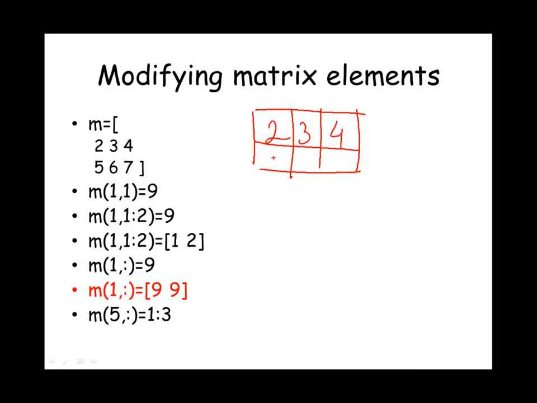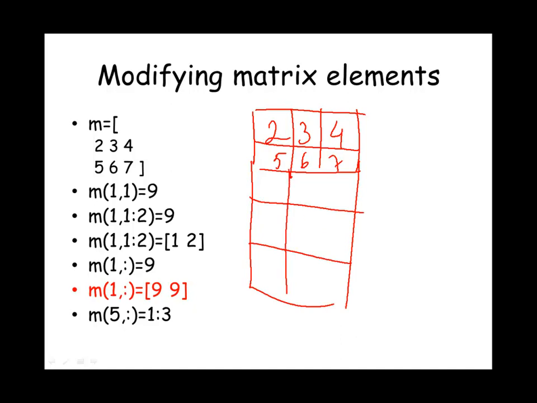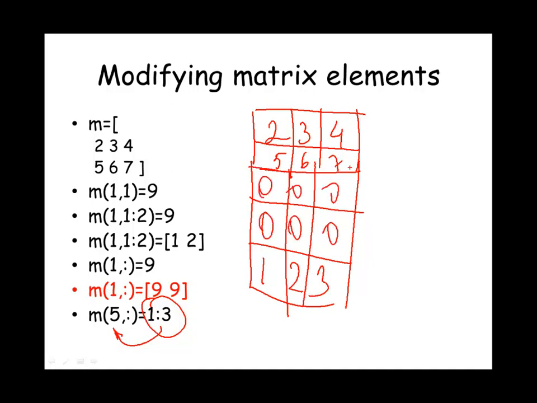So the matrix, let's assume, is 2, 3, 4, 5, 6, 7. MATLAB will extend it to have 5 rows, and we will store into the 5th row values 1, 2, 3, and the result of automatic extension will put zeros where we have not stored any values in.